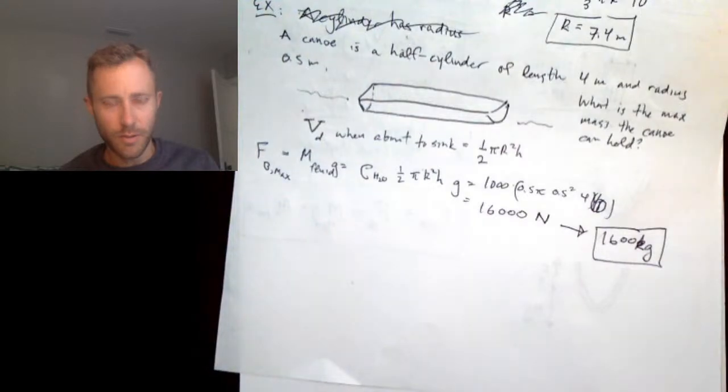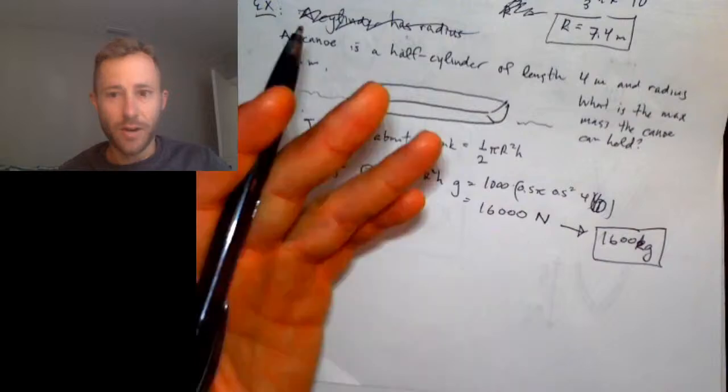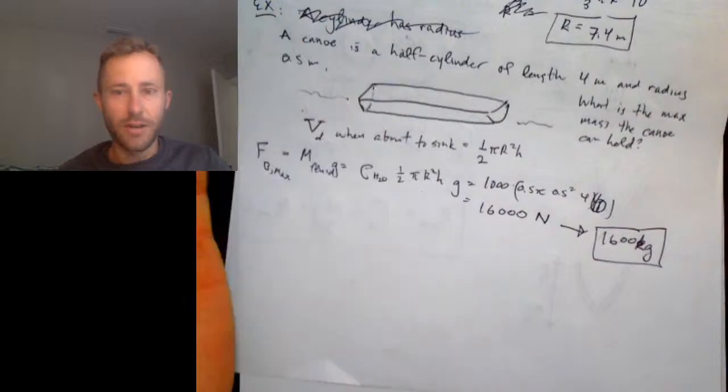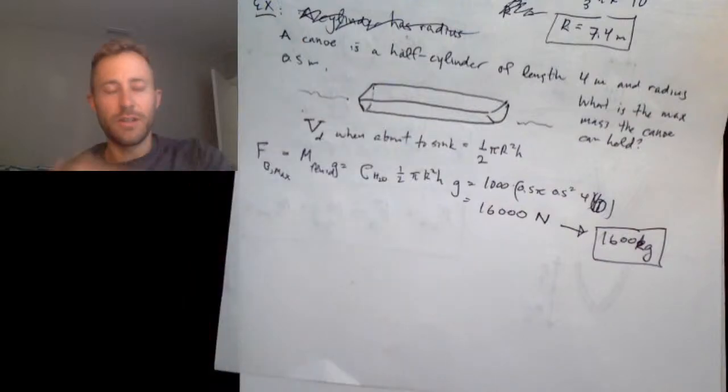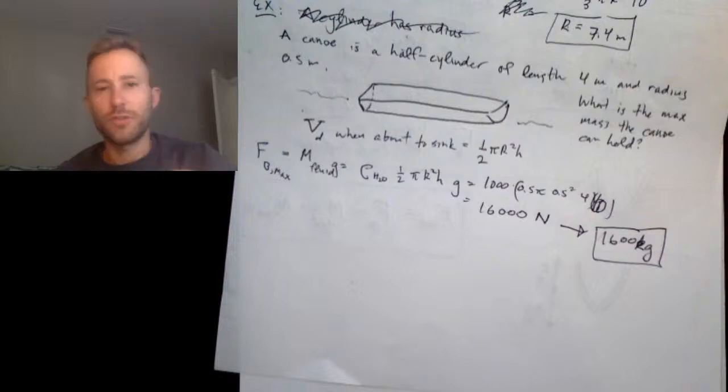So that is the maximum weight that this canoe can hold before going under, and that's including the weight of the canoe itself. So let's say that the canoe itself has a mass of 800 kilograms, then it could hold 800 kilograms in addition of passengers and other things, and cargo. So let's review the idea behind that again.